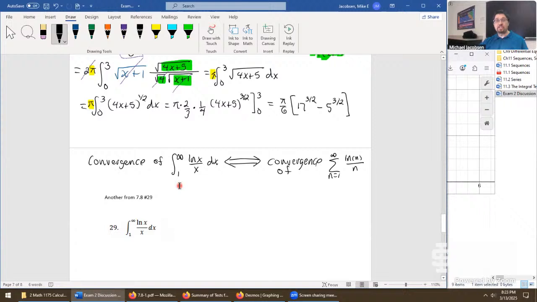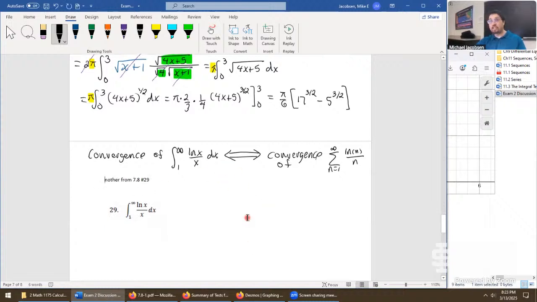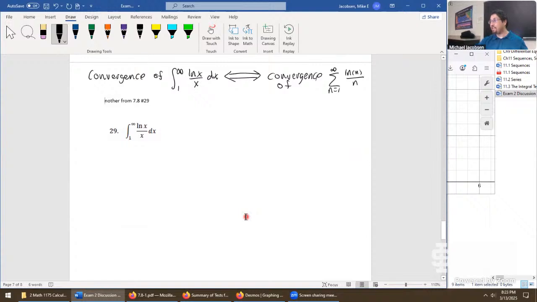So the convergence and divergence of this improper integral is completely connected and equivalent to the convergence or divergence of the series. That's kind of weird. That's section 11.3, the integral test. And that's one of the major reasons why we are really interested in this type of improper integral. It's really just connecting with more material down the line.